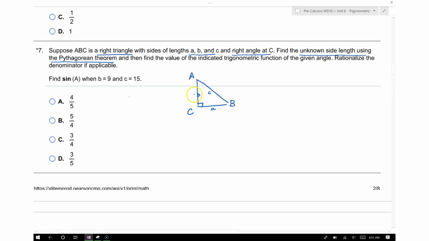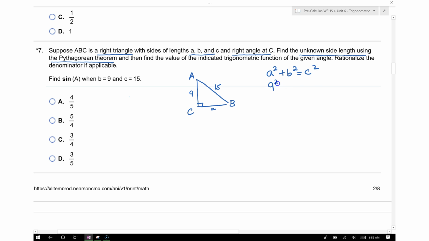So I know that B is 9. I know that that's 9 centimeters or 9 meters or whatever the measurement is. C is going to be 15. And so we're going to have to look for A. So we know the Pythagorean theorem is A squared plus B squared equals C squared.